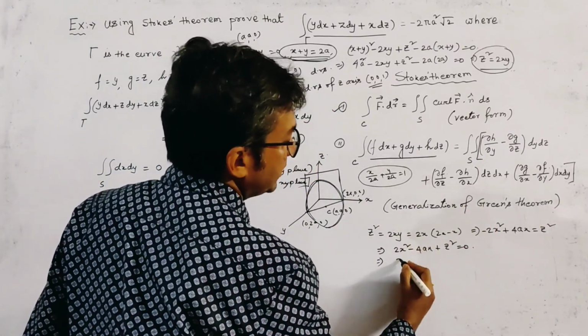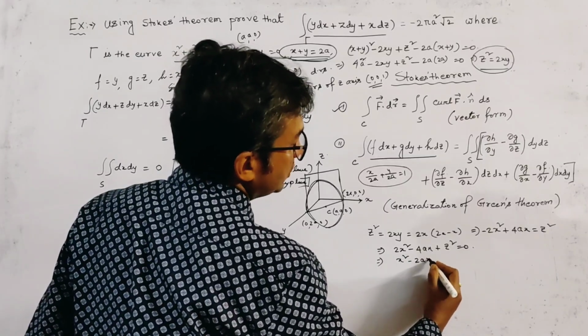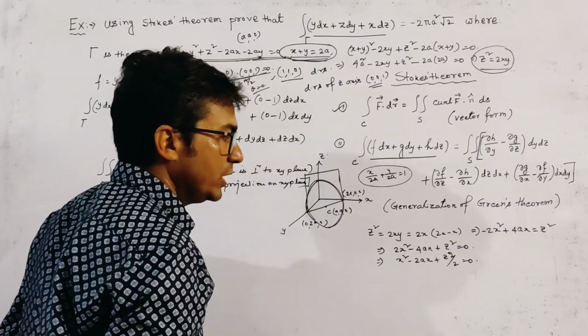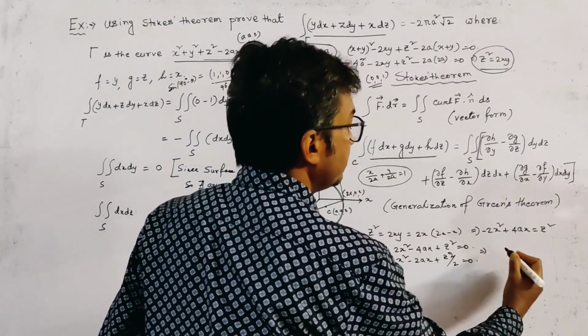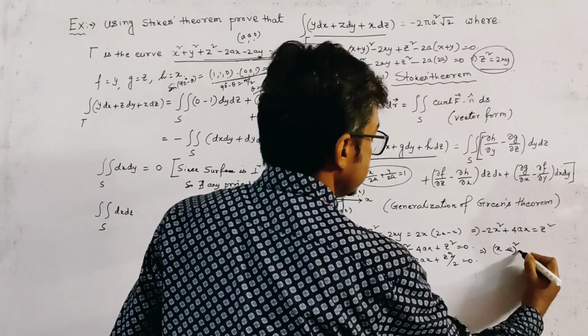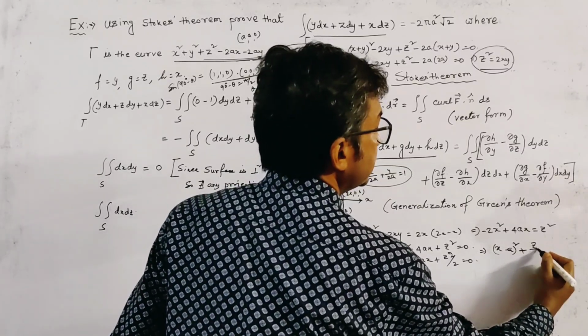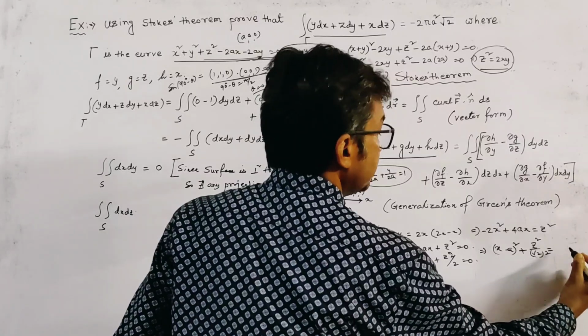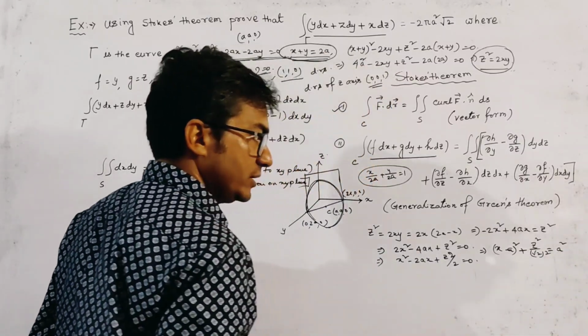This relation can be written as x square minus 2ax plus z square by 2 equal to 0, which is given by (x minus a) whole square plus (z by root 2) square equal to a square.